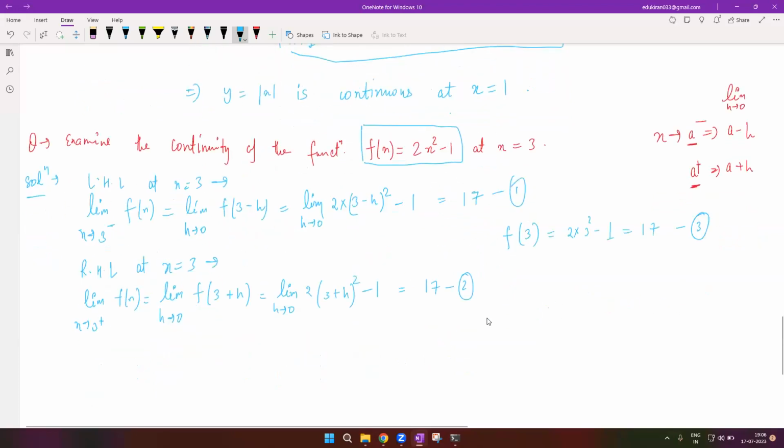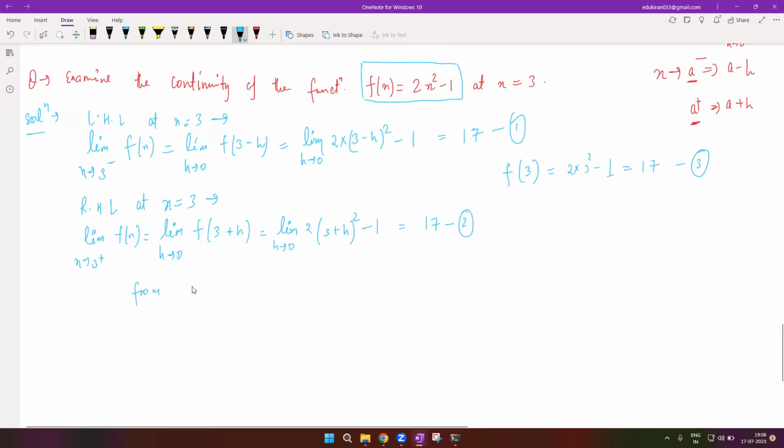So from first, second, and third, you can say that f(x) is continuous at x is equals to 3. Right? So these will be the easiest questions.